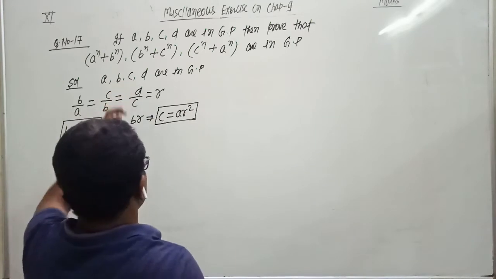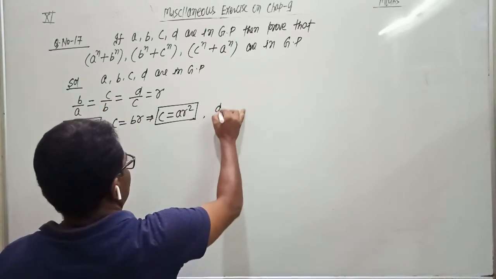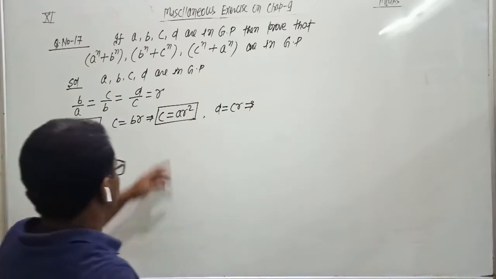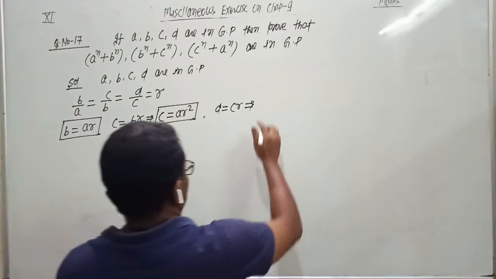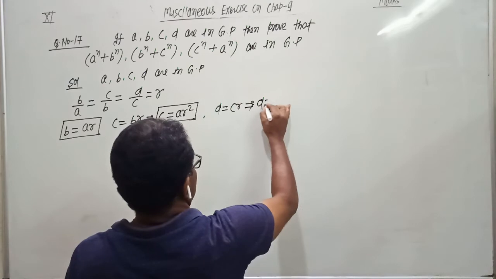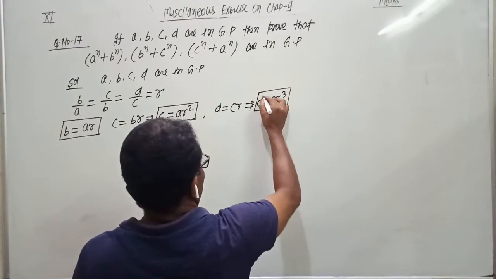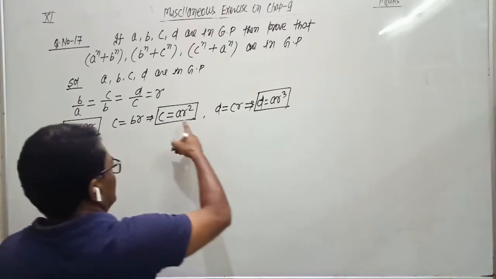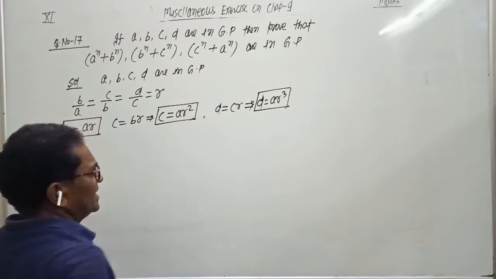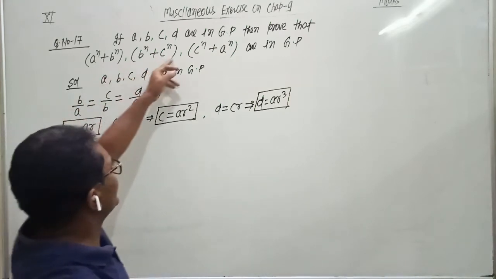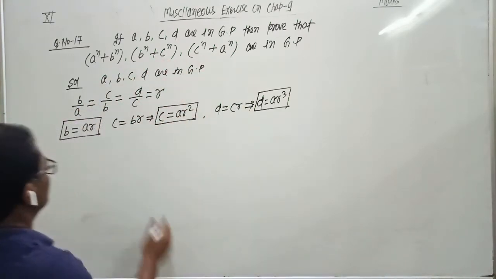And D by C equals to R, which implies D equals to CR, but the value of C is AR square. So we get D equals to A into R cube. Now we have to prove that these three terms are in GP.